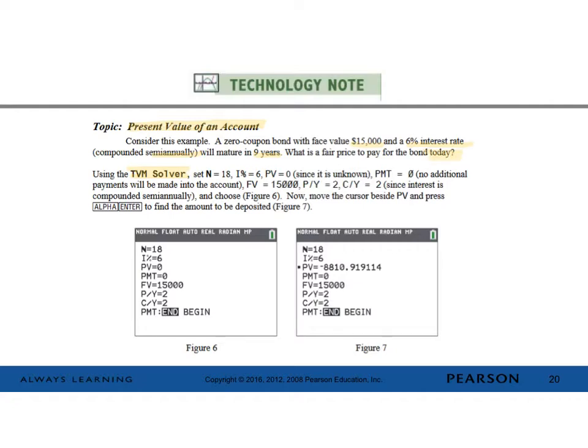Today being the key. So notice here that our interest rate is 6%. The present value we don't know, so we're going to enter that as a 0.